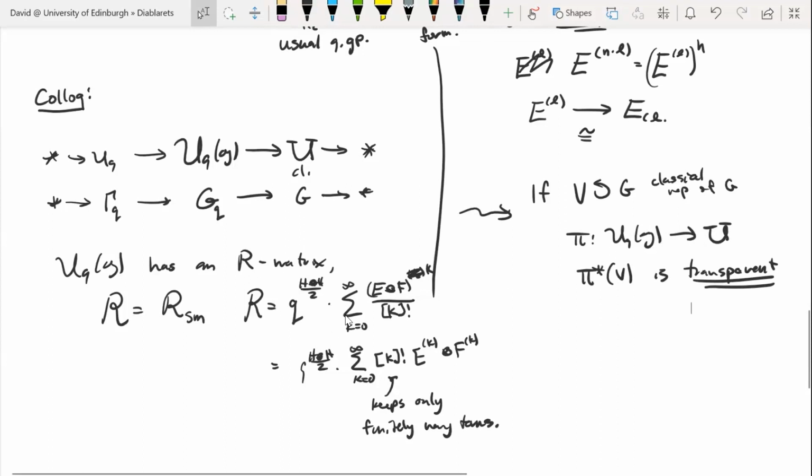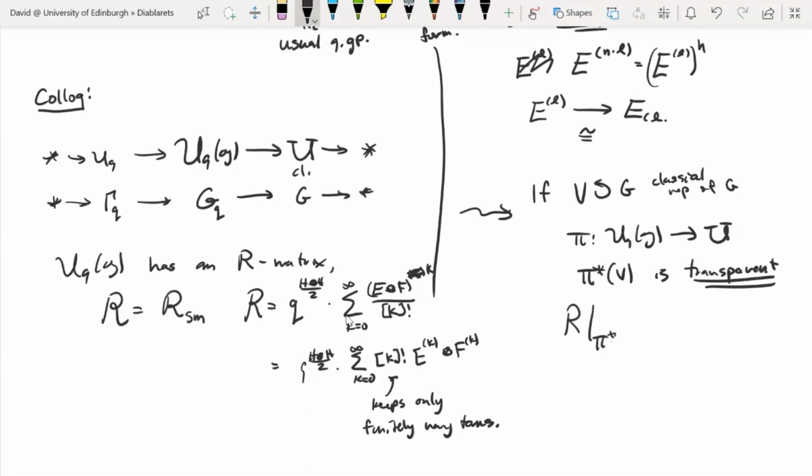Well, that means that R restricted to pi star of V is just 1, which is to say that if I take any representation W and I double braid it with pi star of V, then I just get the identity. So this is the notion of transparent.